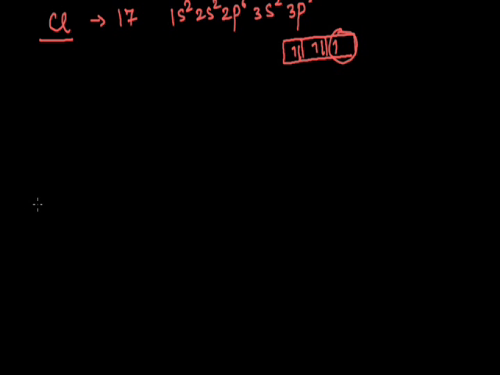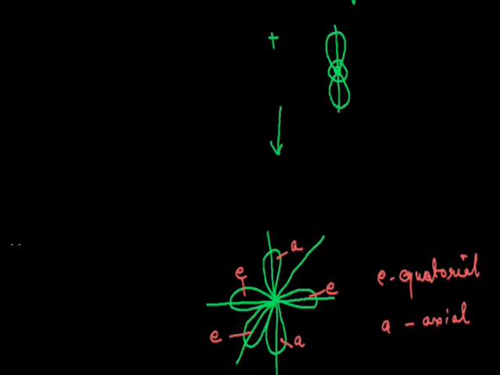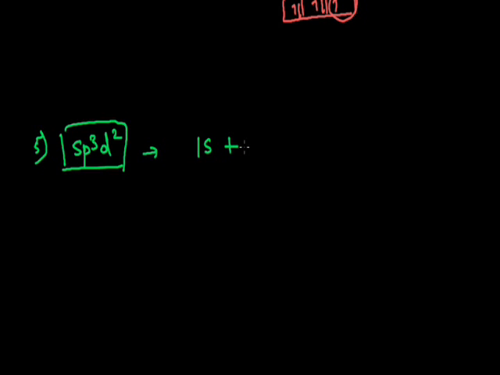Next hybridization is sp3d2 hybridization. Here, 1s orbital combines with 3p orbitals and 2d orbitals to form sp3d2 hybridized orbitals.